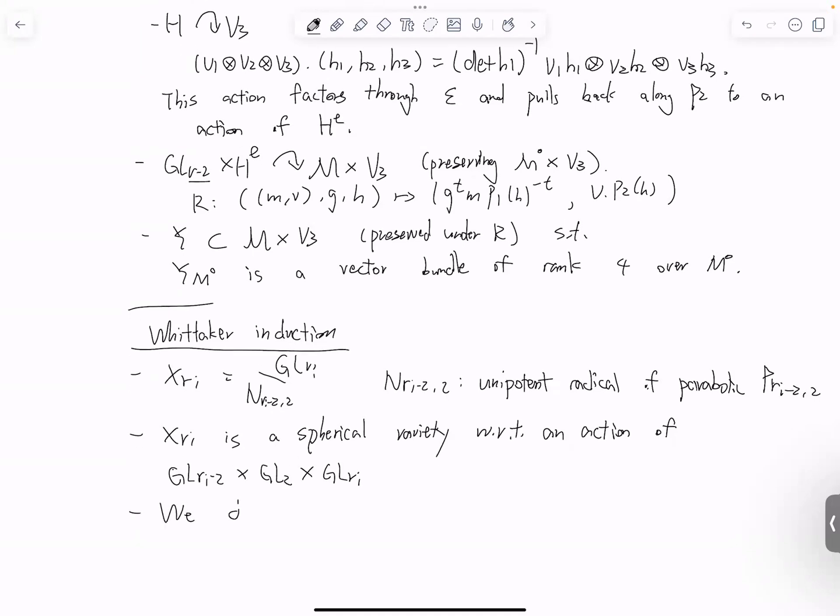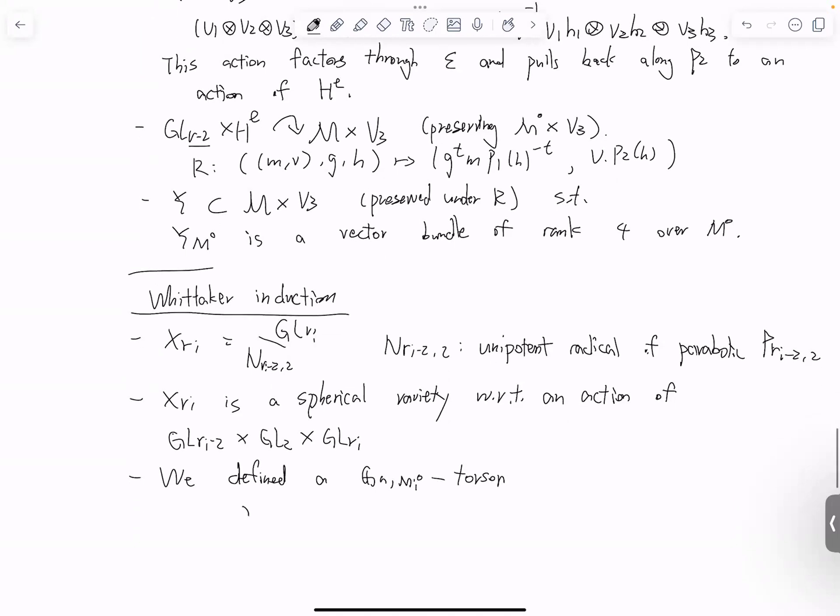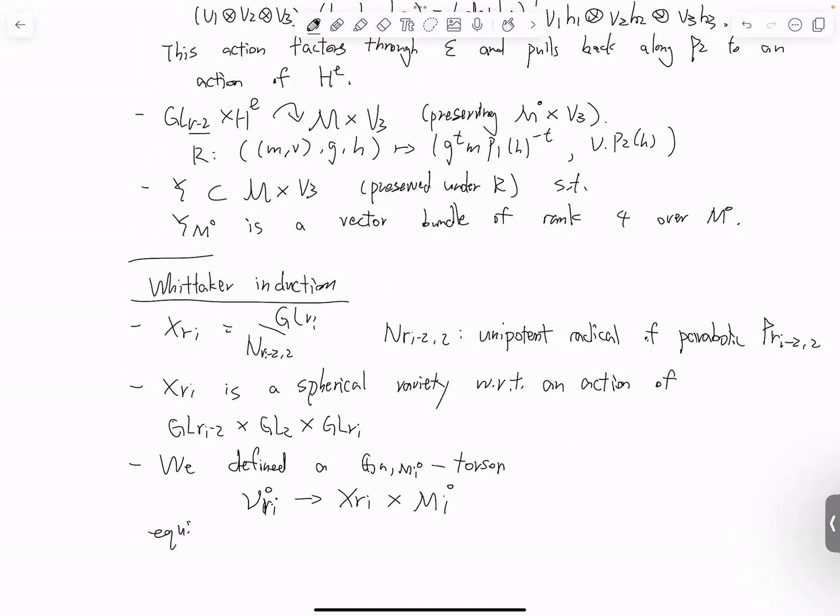And then we define VRi circ over XRi cross Mi circ. This is equipped with an action of GL(Ri minus 2) cross GL2 cross GLRi.